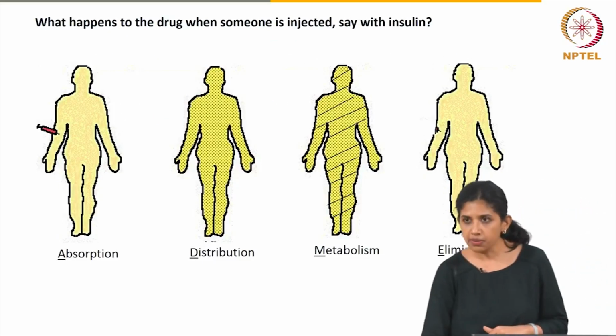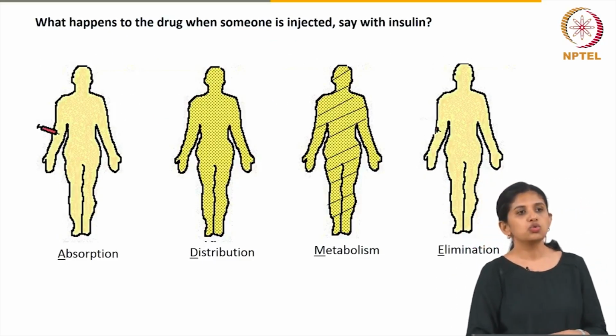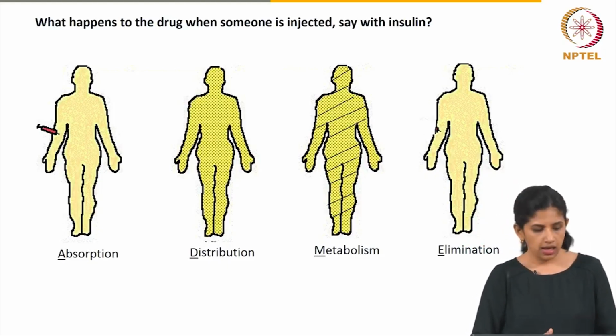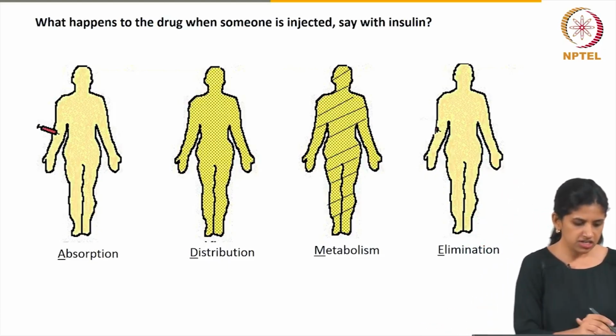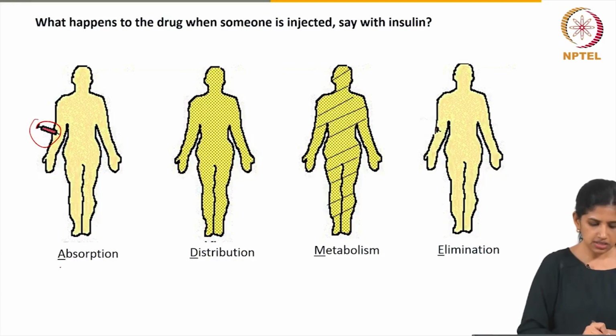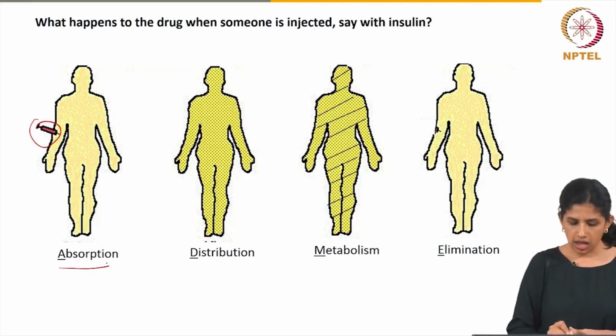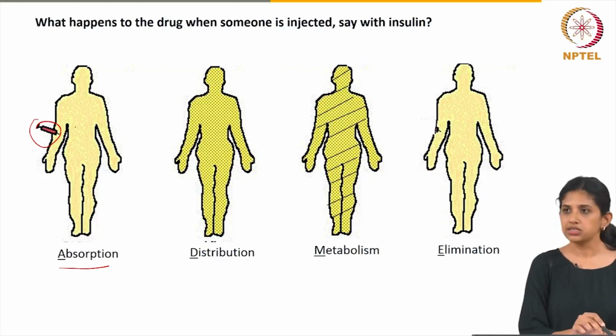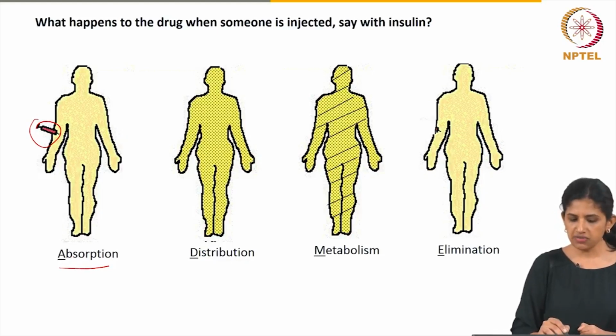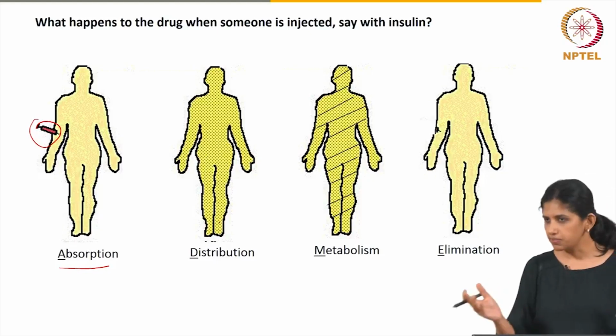Okay, so we were talking about what happens to insulin when it is injected. This is the site of injection. The first thing that happens is absorption. The second thing is, once it is absorbed, it is not sitting in one little place in your body, it distributes evenly through your body, and that is a simplification.